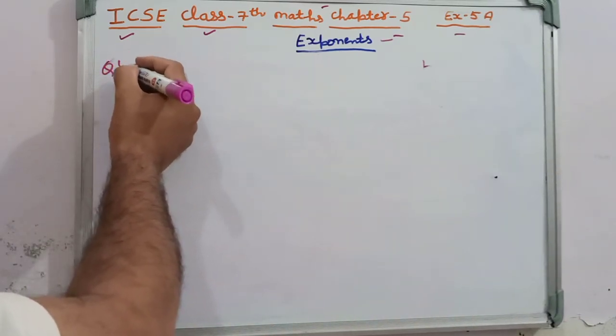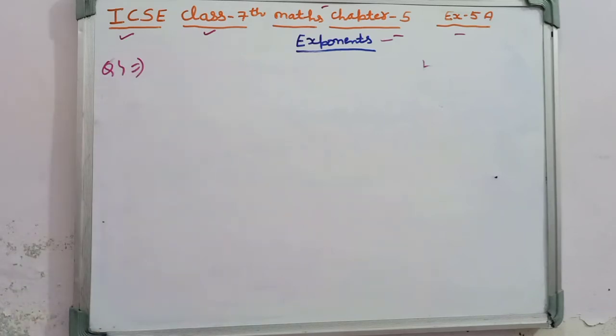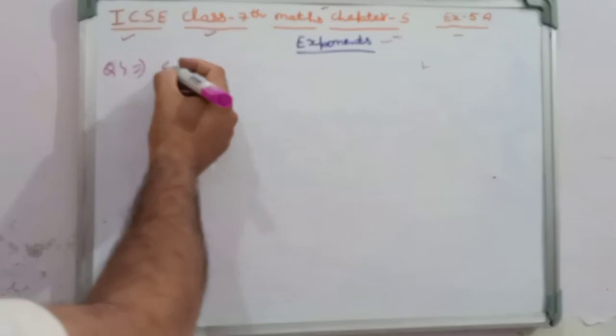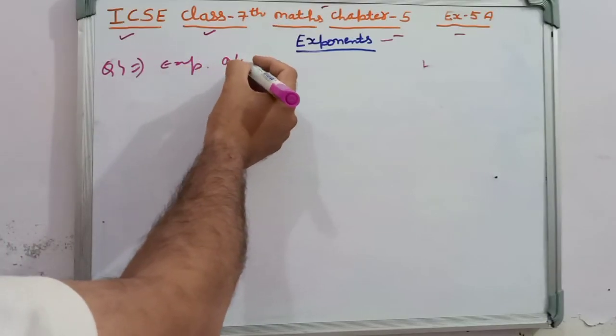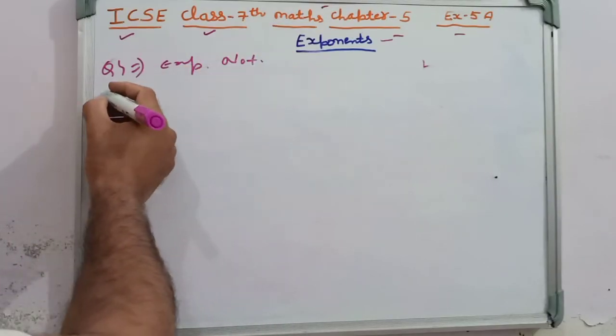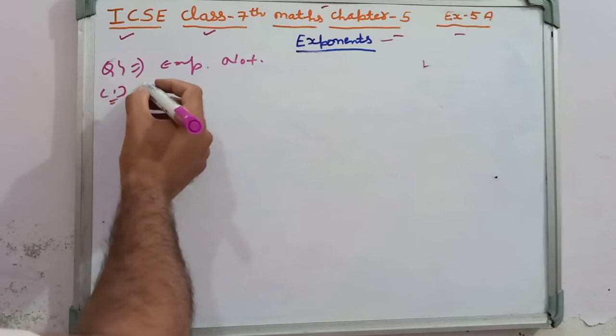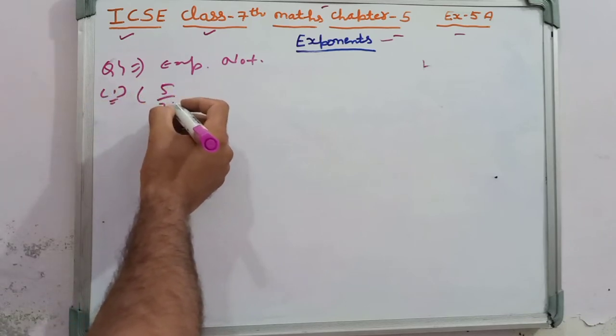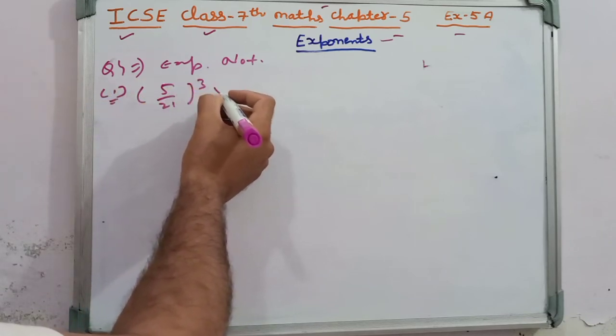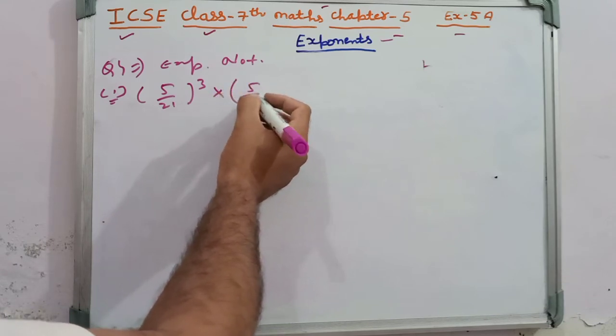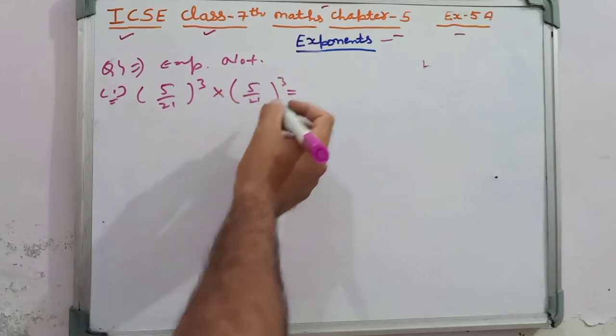Question number 4 is again exponential notation. Part first is 5 upon 21 raised to power 3 multiplied by 5 upon 21 raised to power 3.